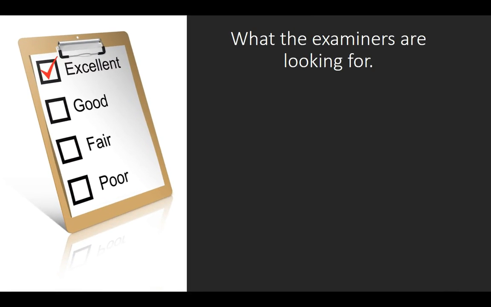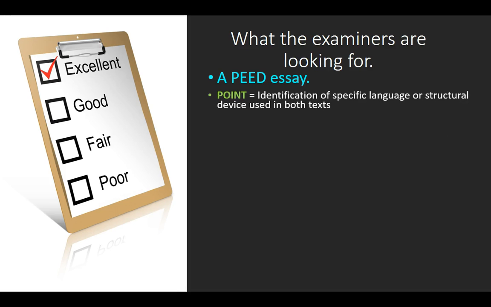So what are the examiners looking for then in a good response to 7B? A PED essay. That's what they're looking for. A PED essay in which each of the paragraphs is linked and each paragraph deals with a particular specific similarity across the two texts. So in terms of structuring your PED essay, the point needs to be the identification of a specific language or structural device used in both texts, either in a similar way or in a contrasting way.